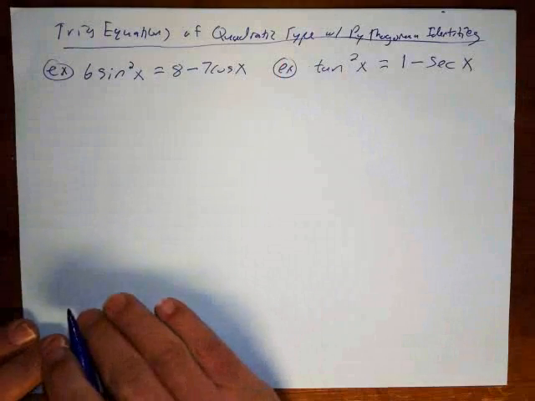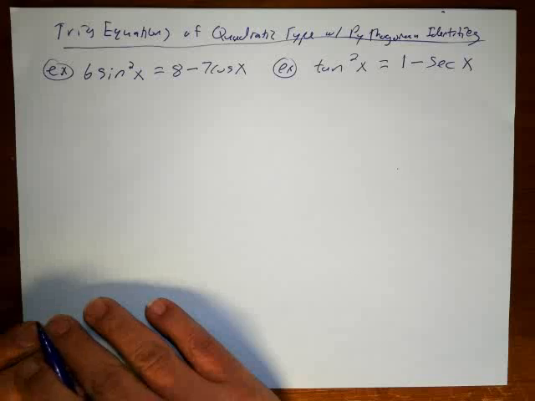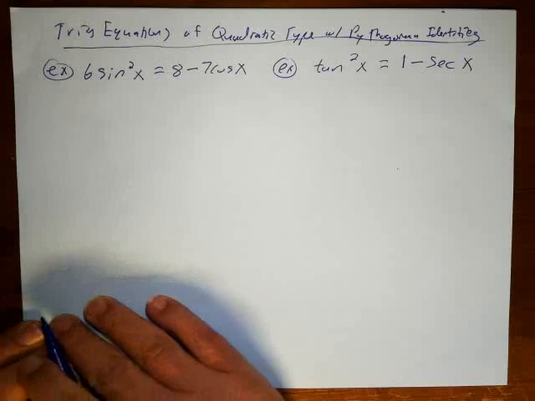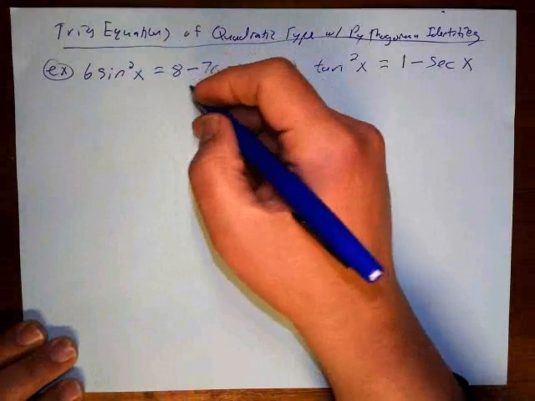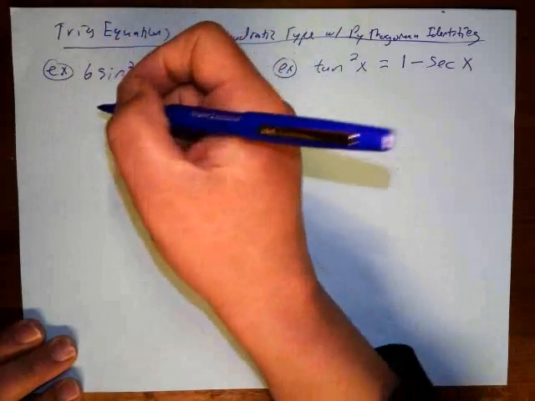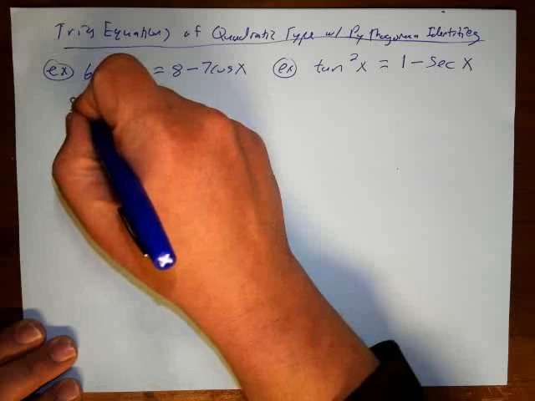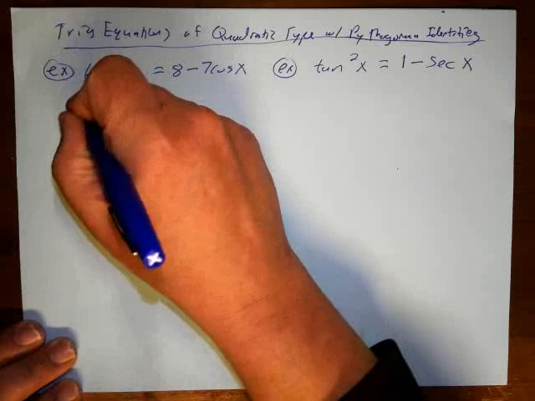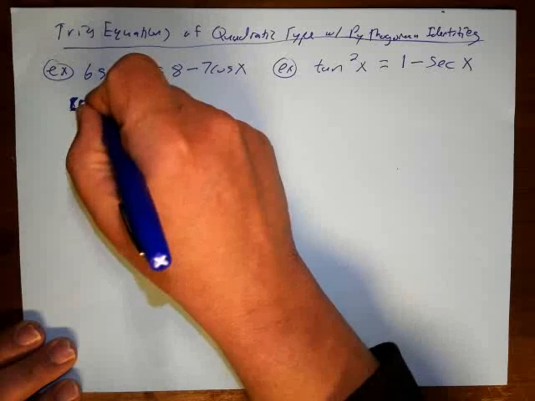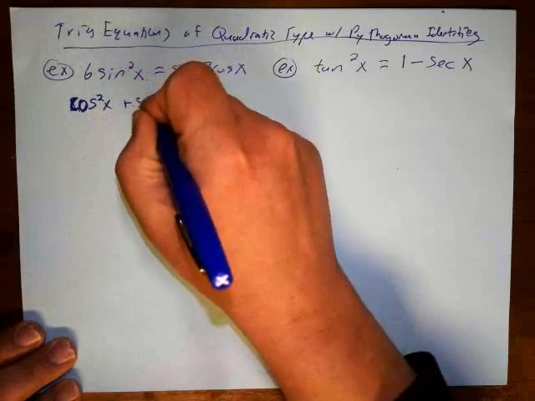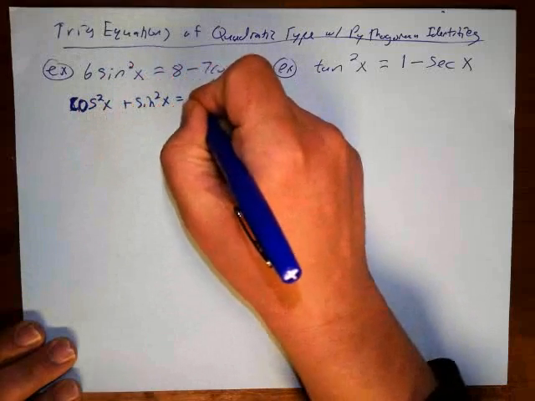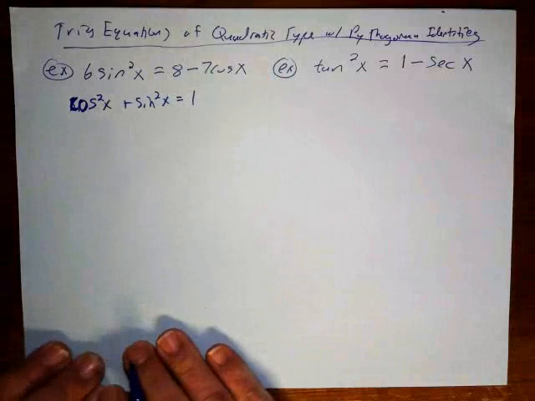And of course, for sine and cosine, the Pythagorean identity is like we usually write, it doesn't matter which one's first, but cosine squared x plus sine squared x is equal to 1. Okay.